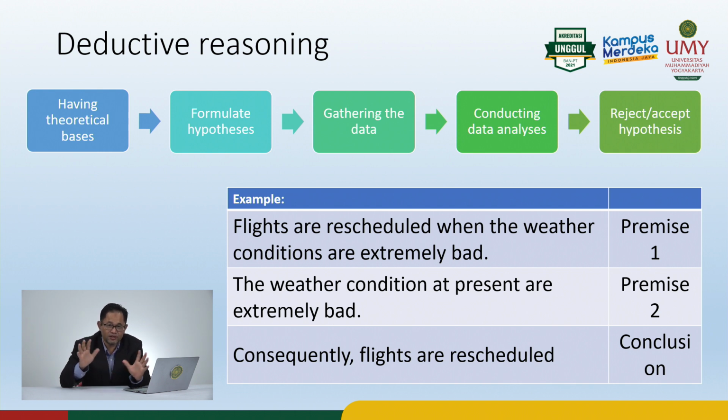This general idea is something people know. And then you look at this time: the weather conditions at present are extremely bad. Then from this, you make a conclusion: the flight must be rescheduled. And this is deductive reasoning, from the general one to the specific condition of this time.